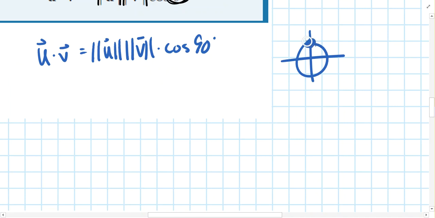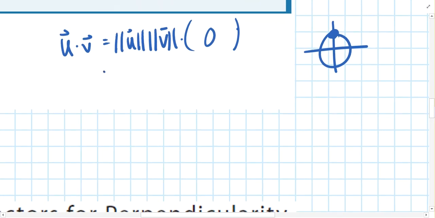Well, the x value at 90 degrees is 0. So what if cosine of 90 was 0? Then 0 times the magnitude of v times the magnitude of u would also be 0. Then what's implied here is that our vectors will be perpendicular if their dot product equals 0.